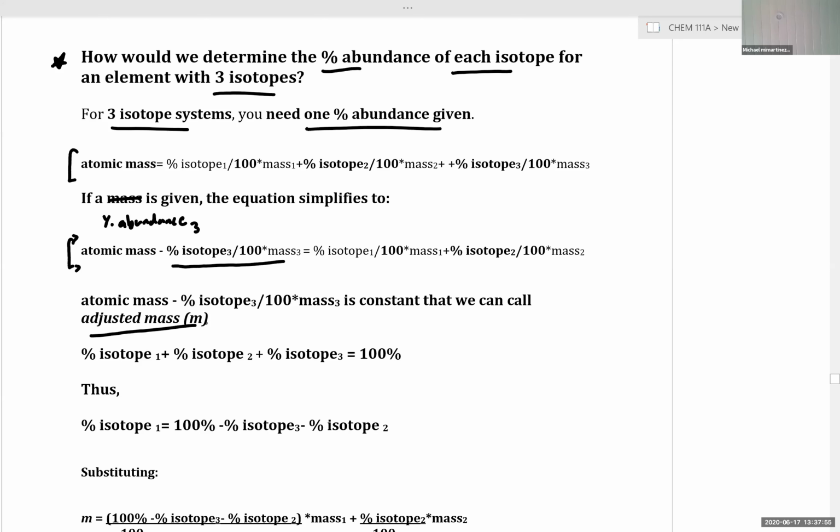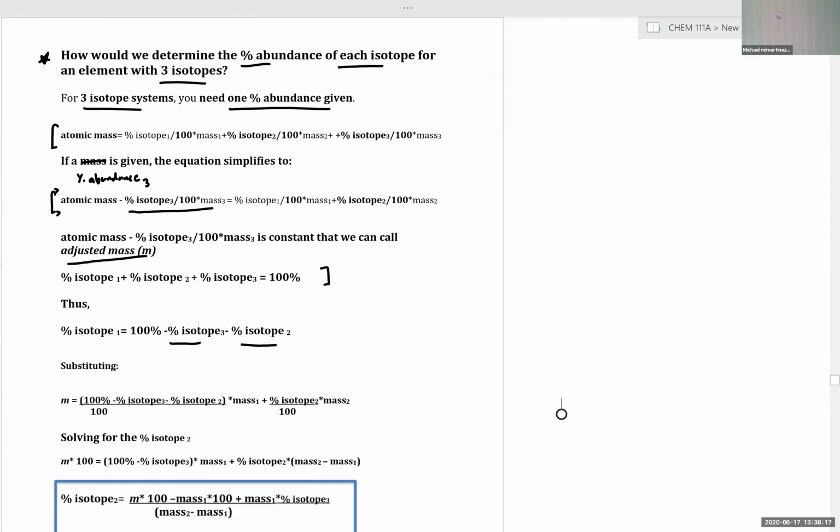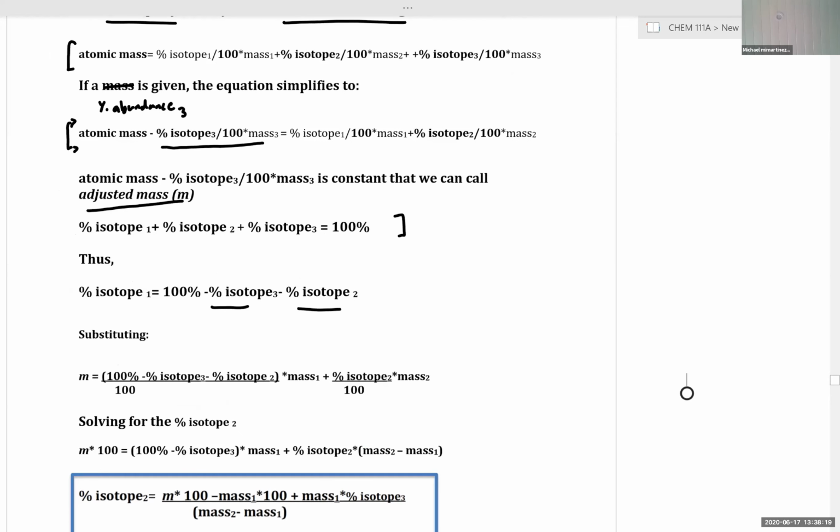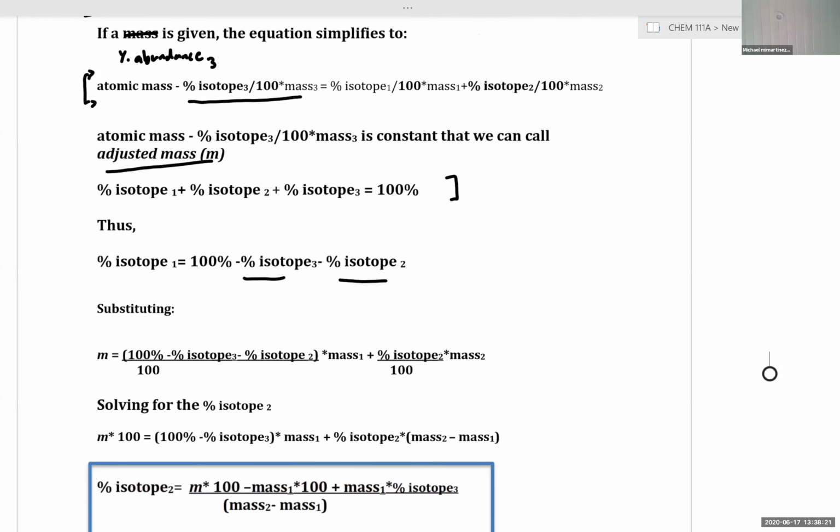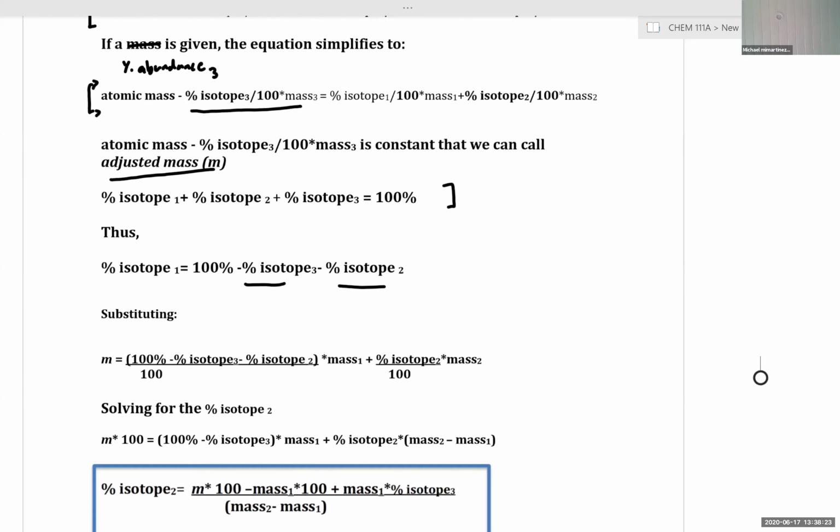Okay, so just like before, the percentage of all of our isotopes will add to 100%. So then we can solve for the percentage of isotope 1 and write it in terms of the other two isotopes. Now, if we substitute this expression back into our average atomic mass equation, we get the following simplified equation.